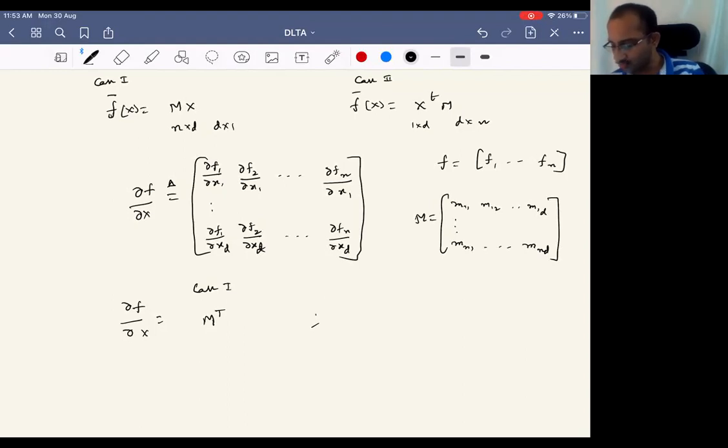Similarly, in case 2, what is the answer? Dou f by dou x is equal to what? Can I get an answer? Not able to hear some answers. So if you expand it, what will happen? Anyway, this M is different, so this is a d cross n matrix M that I write in that case.